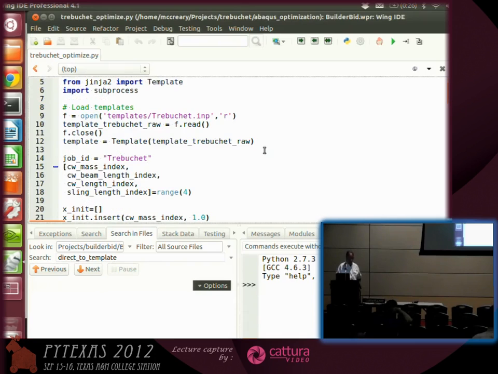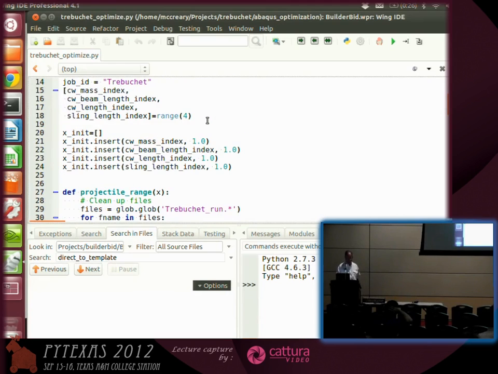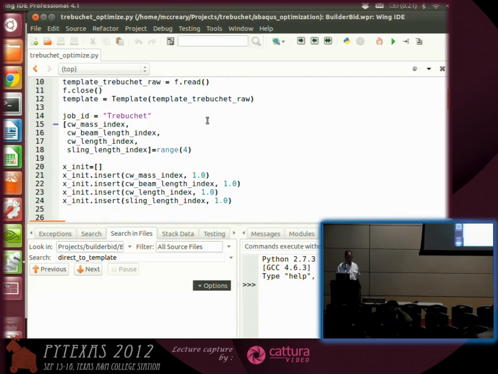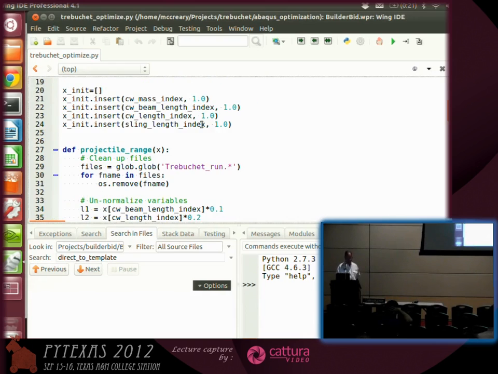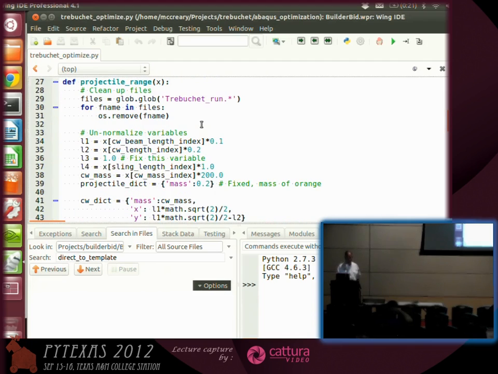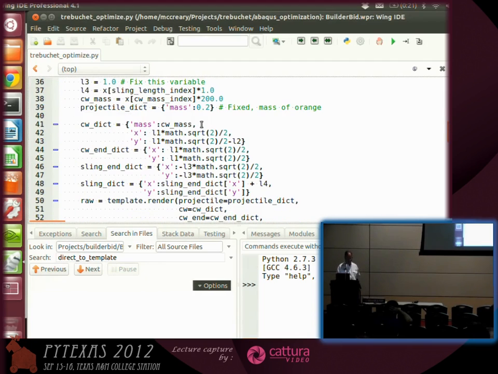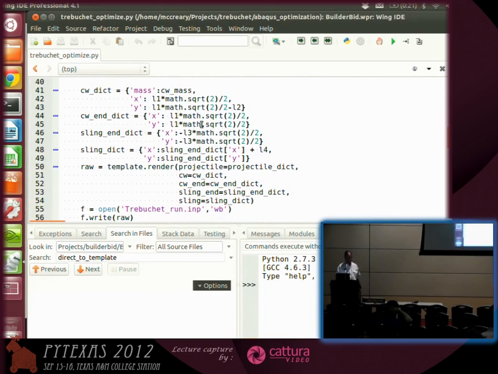And so we load up the template that we're going to use. This is the Abaqus input file. We use Jinja2 to render that template, so we create the template object. Then we have the parameter list here, x init. Here's our projectile range function, and our dictionary for converting from the length to x and y.